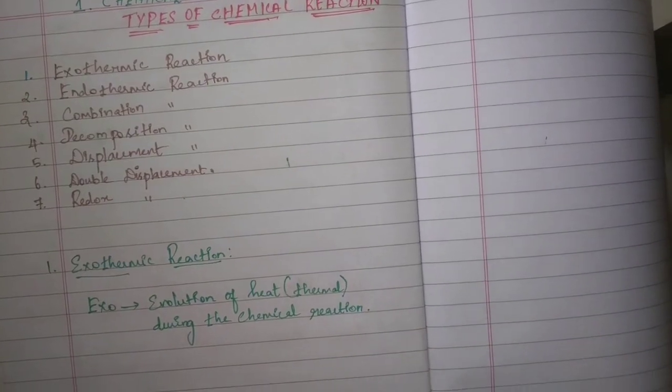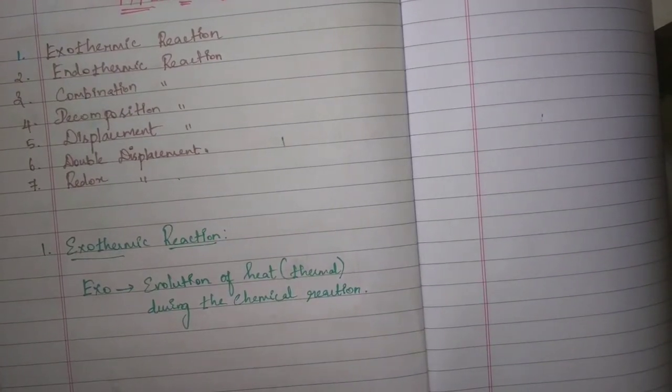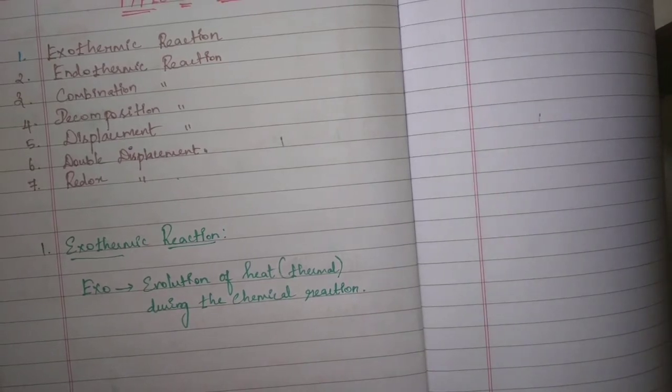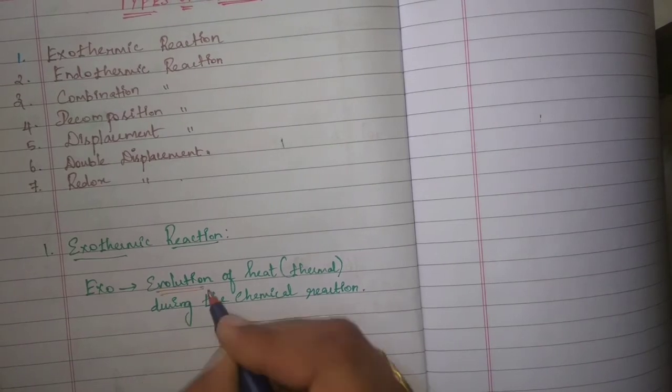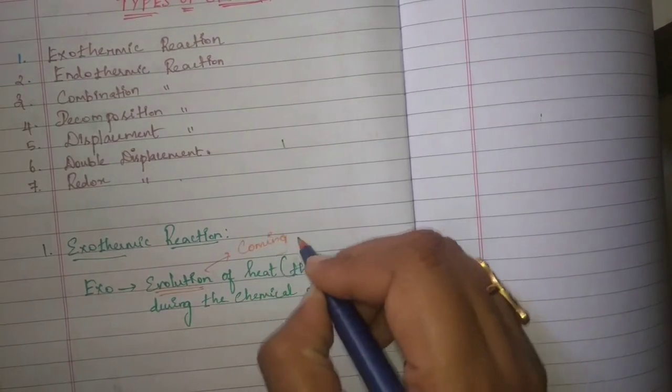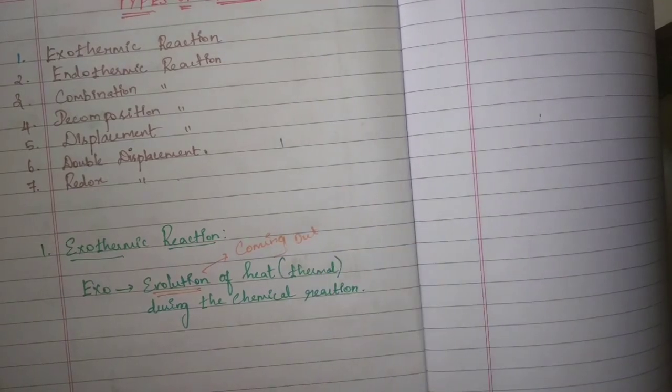This is the definition, which I am telling in a short way. The meaning of evolution is nothing but coming out. That means heat is coming out from the beaker or container during the chemical reaction.